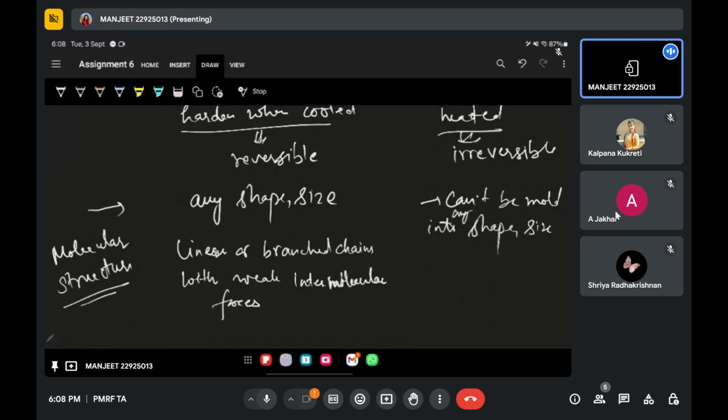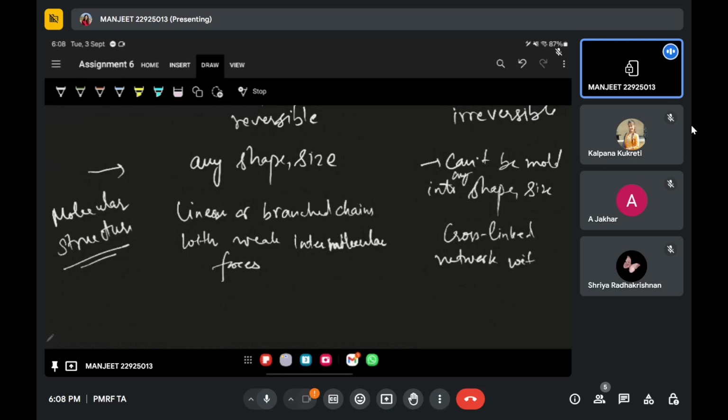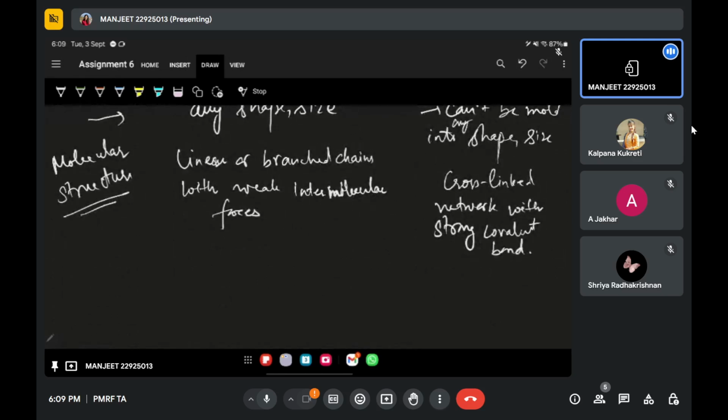But thermosets have a cross-linked network with strong intermolecular forces, or we can say strong covalent bonds. Because thermoplastics can be molded into any shape and remade also, they are less resistant to high temperature and chemicals as well.